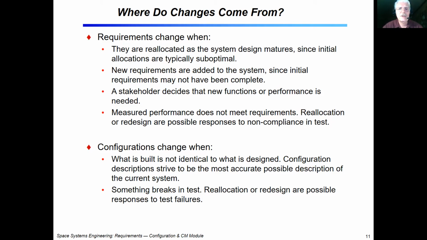So that's a change. And your configuration may have to change as well. If something breaks, if you find out that a circuit is not what you expected it to be, then you're going to have to redesign that, change that configuration.